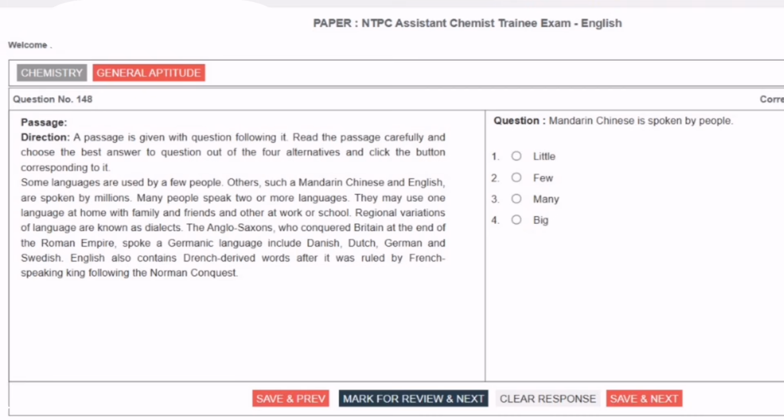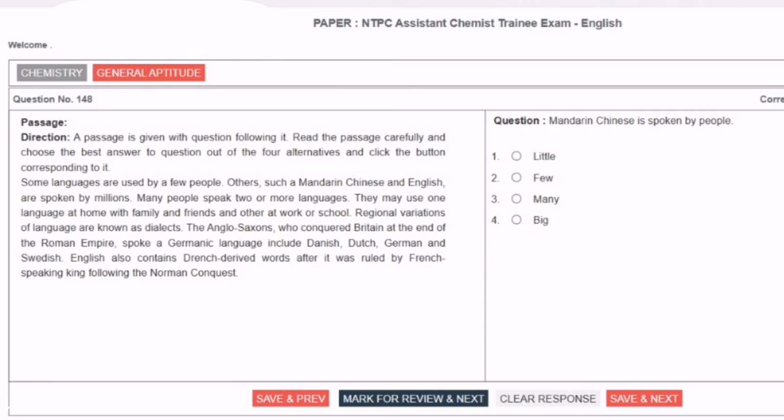The next question. A passage is given with questions following. Please read the passage carefully and choose the best answer to the question out of the 4 alternatives and click the button corresponding to it. Some languages are used by few people. Others, such as Mandarin Chinese and English, are spoken by millions. Many people speak 2 or more languages. These may use one language at home with family and friends, and another at work or school. Regional variations of a language are known as dialects.